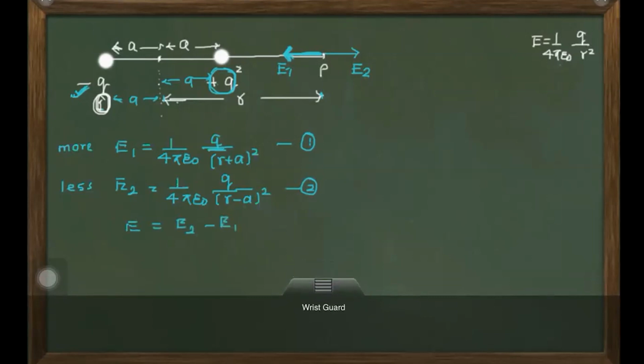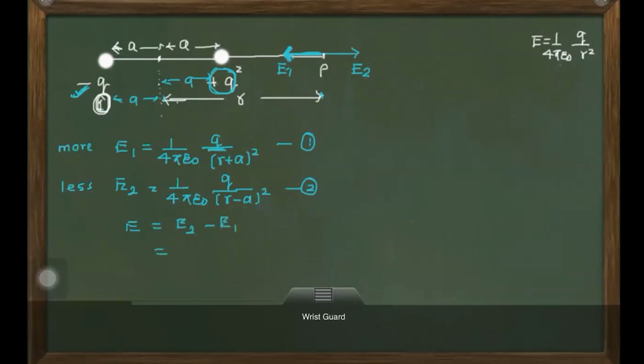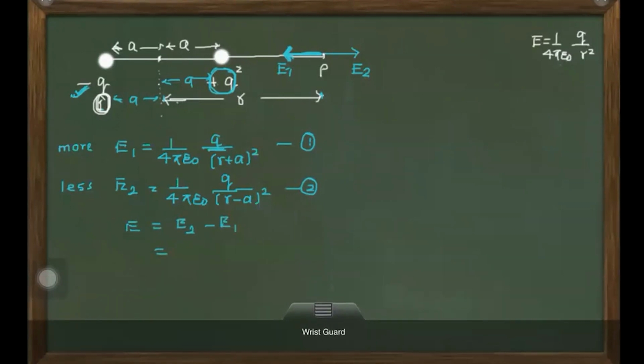E1. And that's why it will be 1 by 4 pi epsilon naught Q divided by R minus A whole square, minus 1 divided by 4 pi epsilon naught Q divided by R plus A whole square.